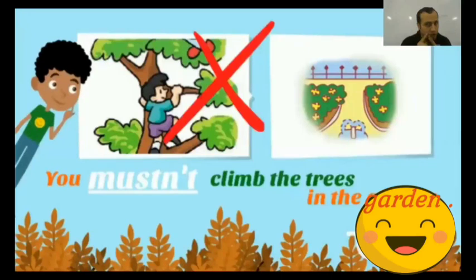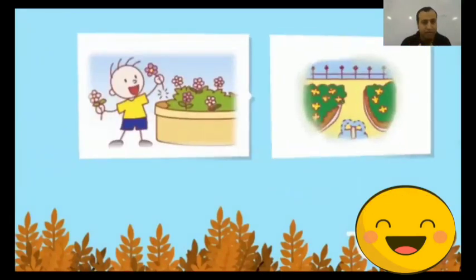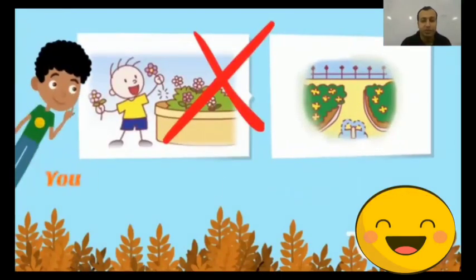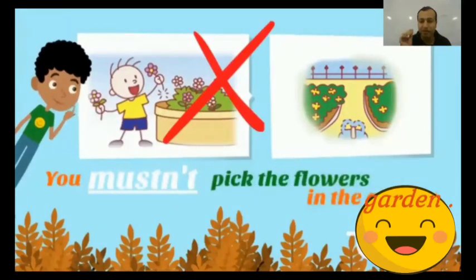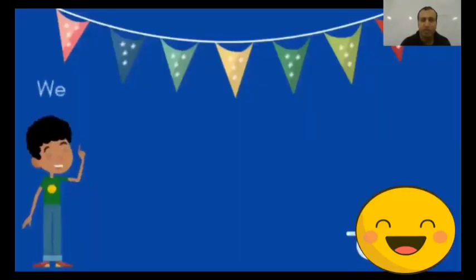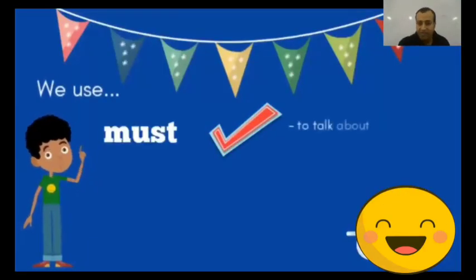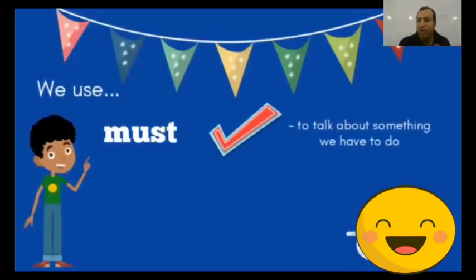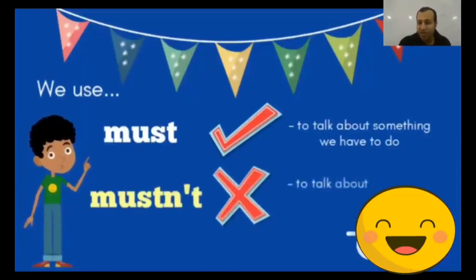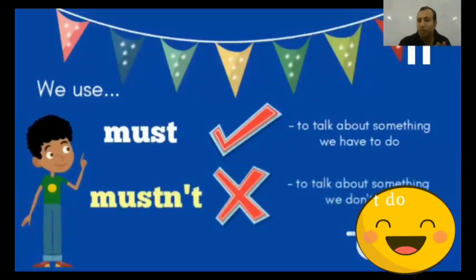Number 2, you mustn't pick the flowers in the garden. We use must to talk about something we have to do, and we use mustn't to talk about something we don't do or don't have to do.